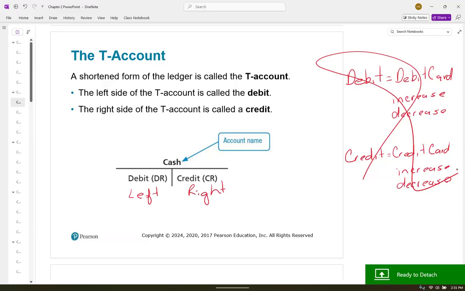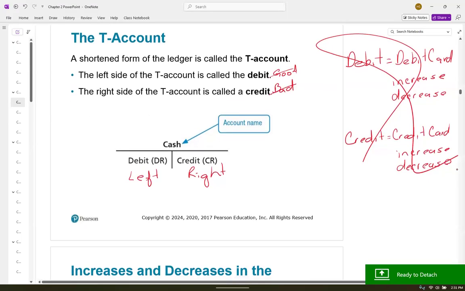Sometimes they'll think a debit is good and a credit is bad. They're neither good nor bad. They're just left and right, and it's just how we organize the accounting records. This is very, very important to grasp. And we're going to go through a lot of examples as we go through all of these videos. So left and right.